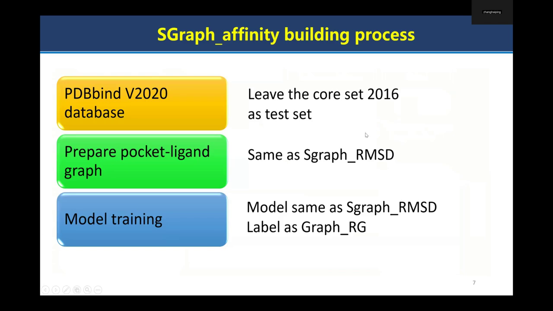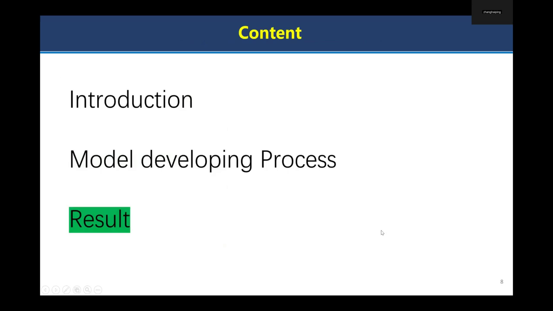For this S-graph affinity model, we first use the PDBbind database and leave the core set as a testing set. Then we preprocess the graph the same as S-graph RMSD, and then we train, a process highly similar to the graph RG. So this is the model development process.